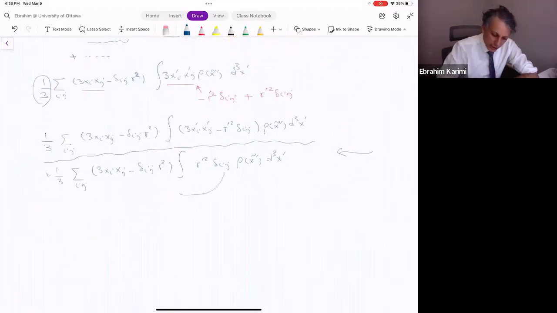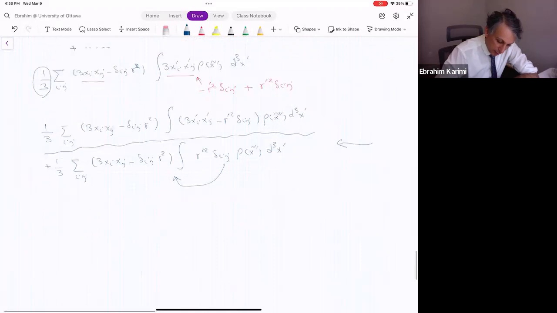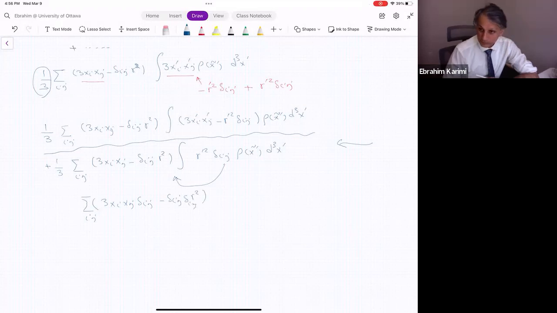So delta_ij is independent. It will go outside of this integral, okay? So what I will end up with is the summation over ij of 3x_i x_j delta_ij minus delta_ij r^2, and there is another delta_ij. Good?